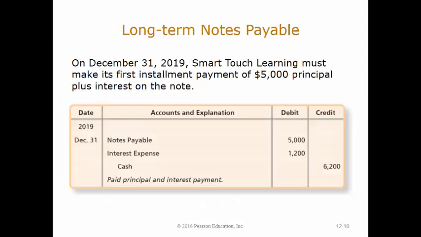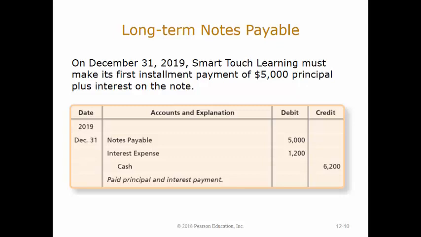Assume that it is now December 31, 2019, and Smart Touch Learning must make its first installment payment of $5,000 principal plus interest on the note. The entry requires a debit to notes payable for $5,000, a debit to interest expense for $1,200, and a credit to cash for $6,200.